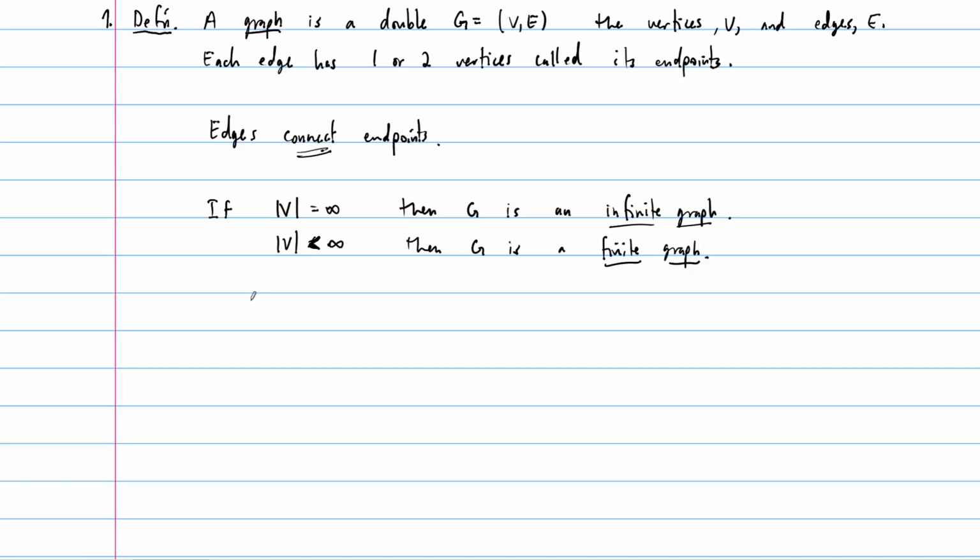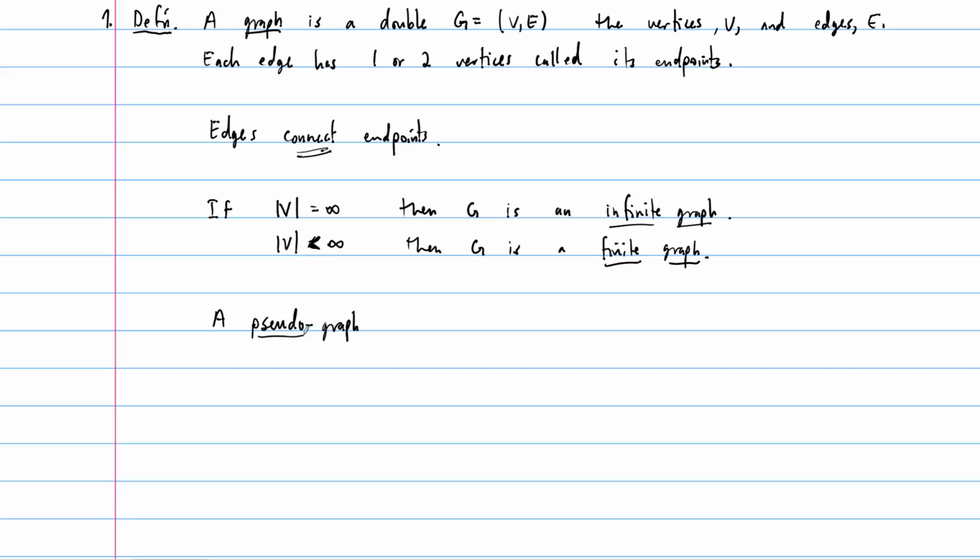There's another definition here. So a pseudograph is a graph that could contain loops and possibly multiple edges connecting the same pair of vertices, all right? So this is kind of what I was just talking about. Another name for this is called a pseudograph.